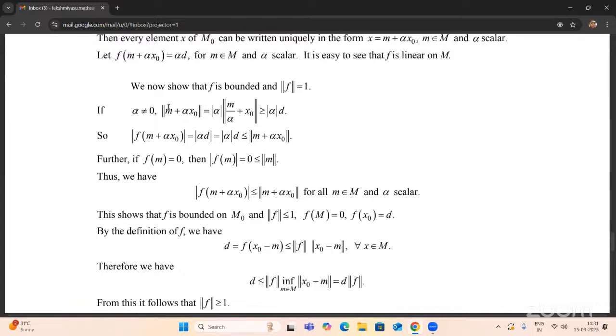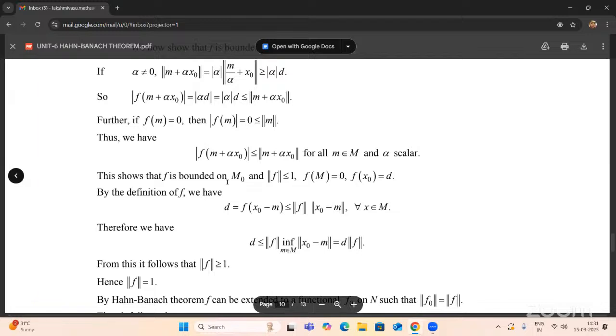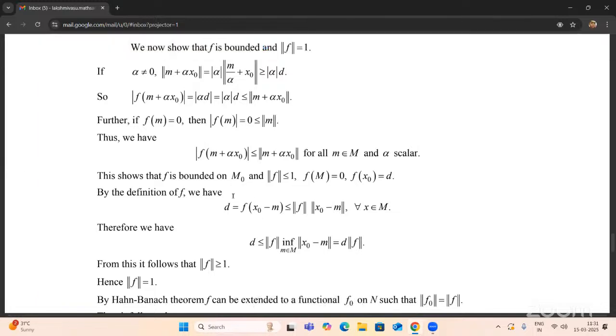If alpha is not equal to 0, norm of m plus alpha x naught is mod alpha into norm of m by alpha plus x naught, which is greater than or equal to mod alpha into d. So the value d equals f of x naught minus m, which is less than or equal to norm f into norm x naught minus m.